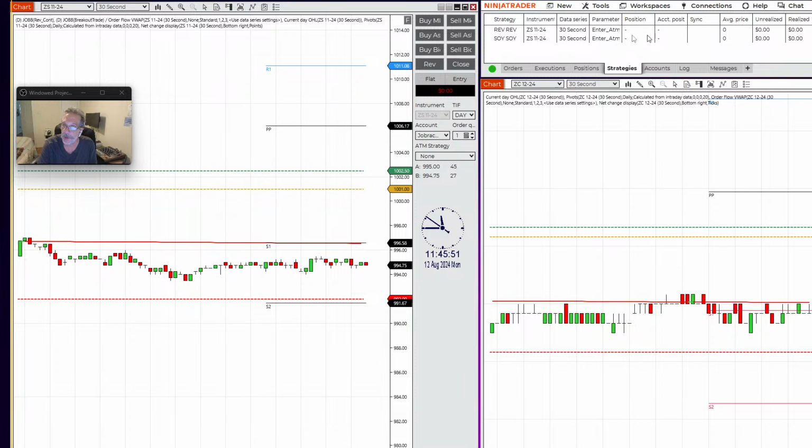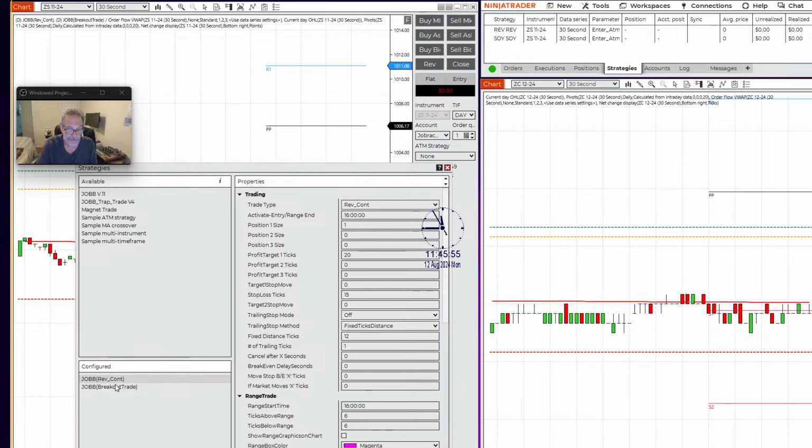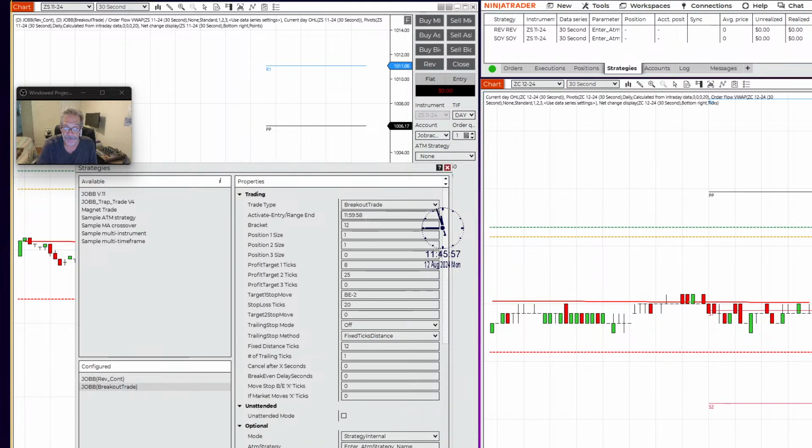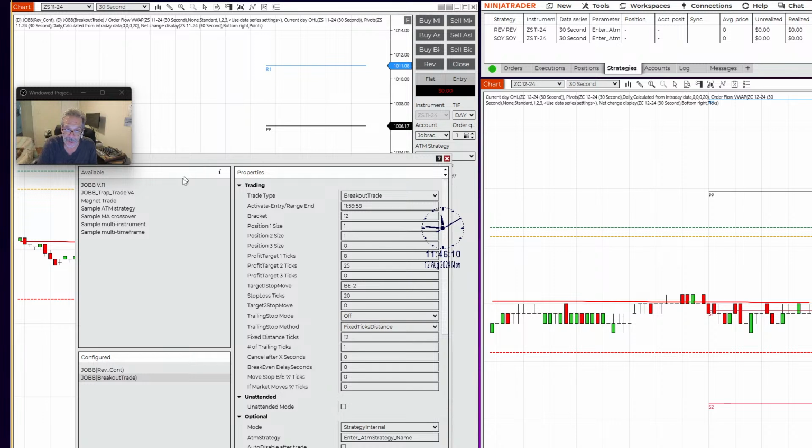So I've got my breakout trade, which is the main trade, triggering at 11:59:58 with a bracket of 12 and a stop of 20. All right, with the targets anywhere between 6 and 30. And then target 1 stop move, break even -2.